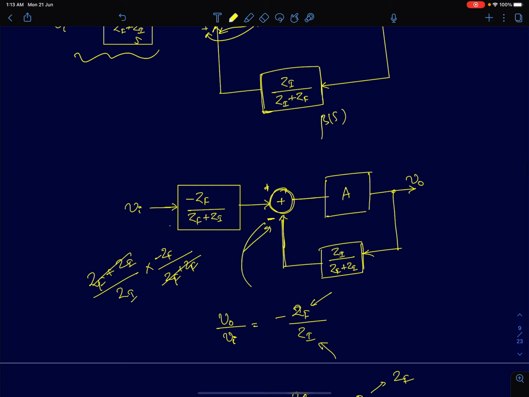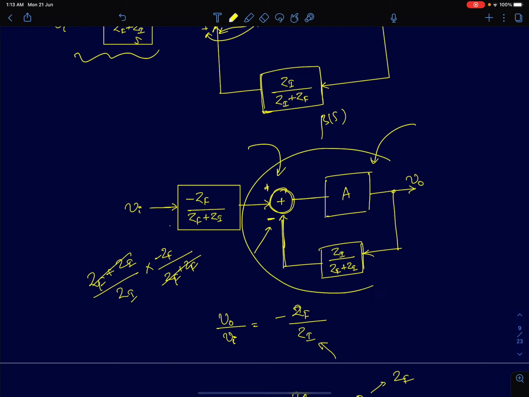I could bring this minus sign into this fraction as well, but because we are more familiar with this negative feedback control loop model, I've just brought this negative sign here. So this is the reduced block diagram representation of the amplifier.